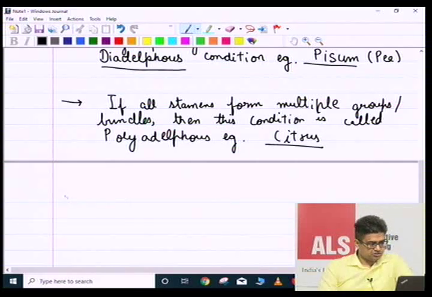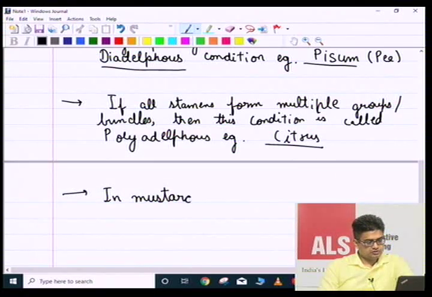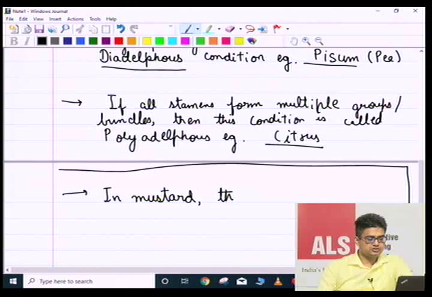So in mustard, there are 6 stamens. Now this is different from polyadelphous. I'm marking this separately, in a separate box.